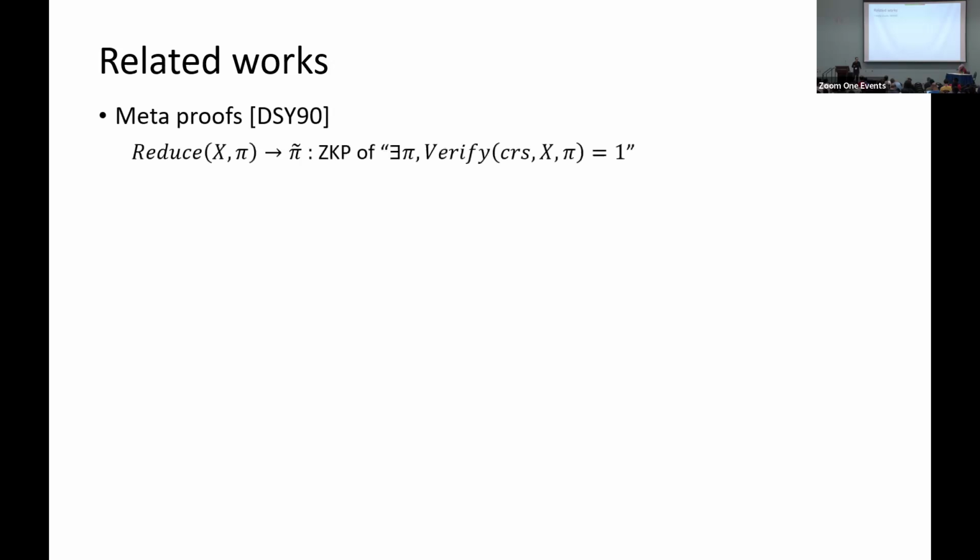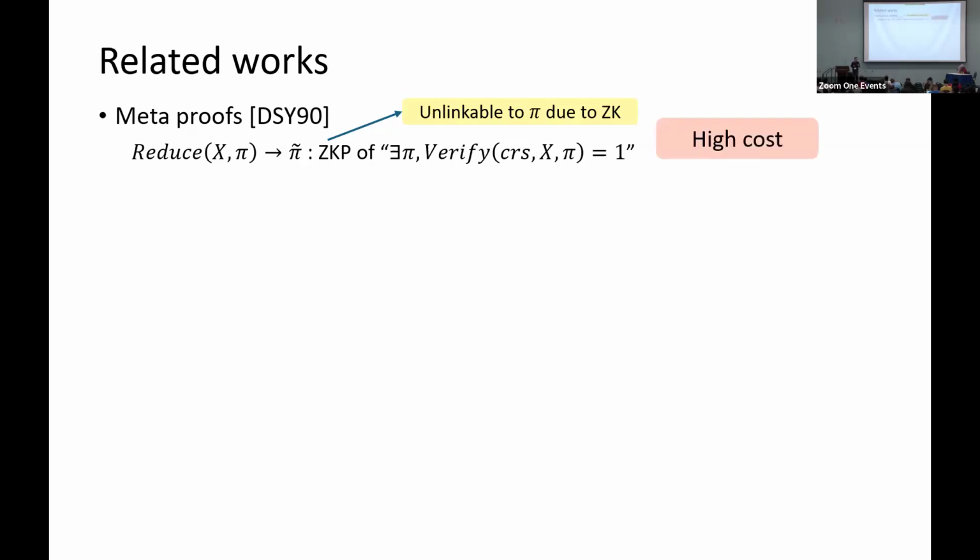We can construct this oblivious issuance of proofs using the idea of meta proofs, where the user can create a zero knowledge proof of the statement that there exists a proof that makes the verification algorithm accept. Then the zero knowledge property guarantees a new proof is unlinkable with the original one.